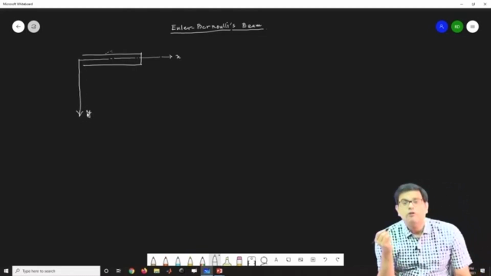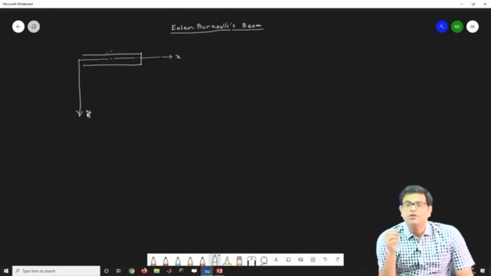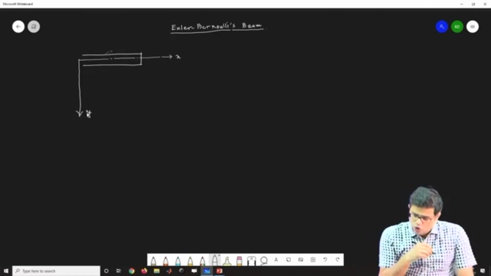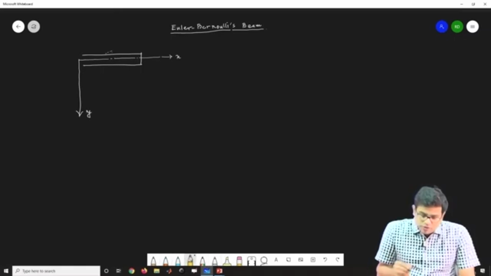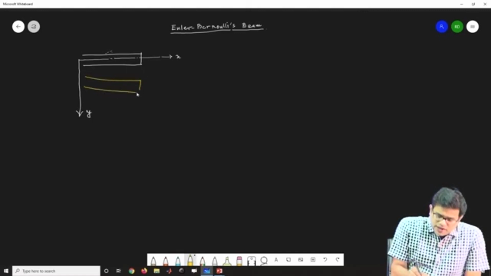Under the action of load, maybe a UDL or any point load or any other load, the beam deforms. If I draw the deformed configuration of the beam at a particular cross section, this is the deformed neutral axis of the beam.